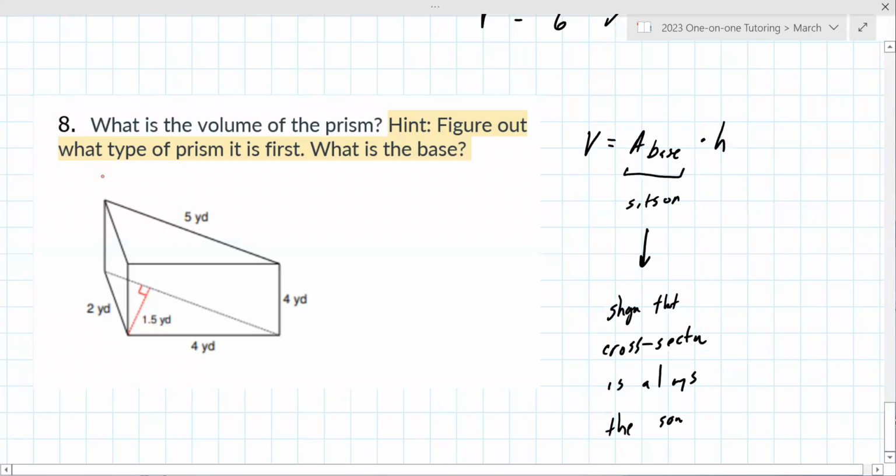It's hard to do this in 2 dimensions. So if you were to slice this thing down here, you would get that triangle. And if you had sliced this thing up here in the same direction, you would also get a triangle.